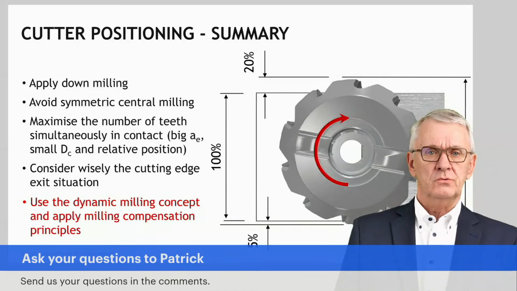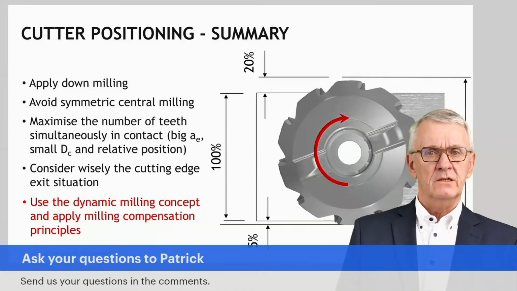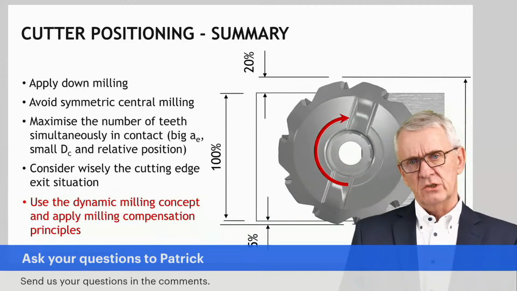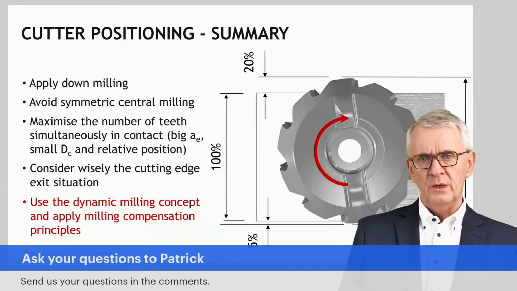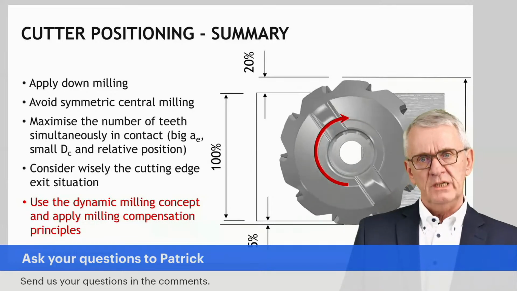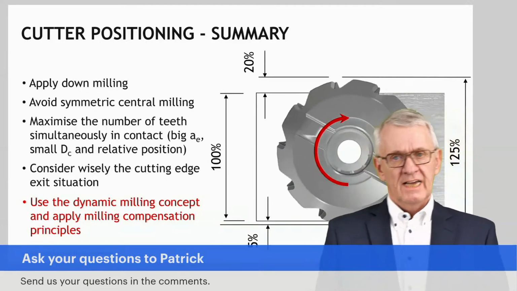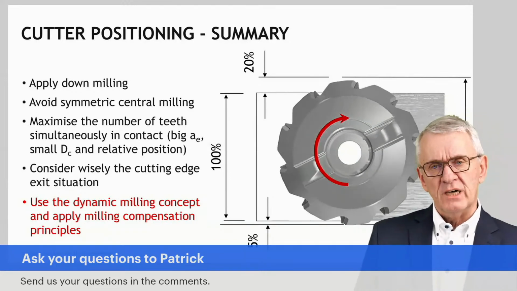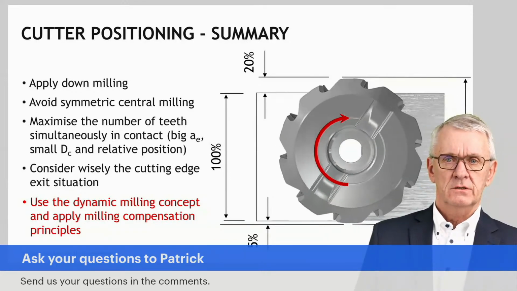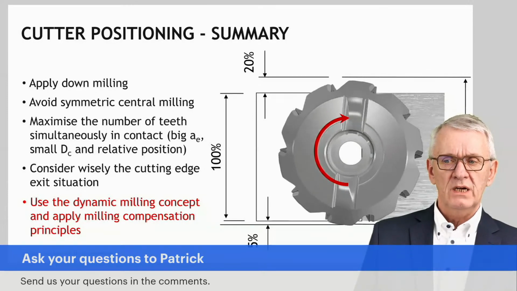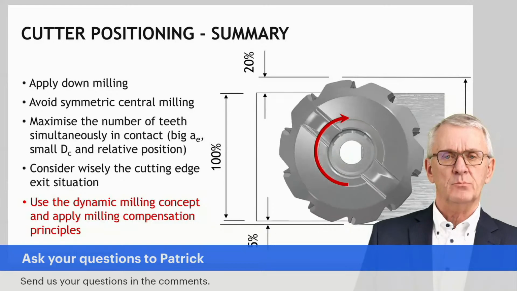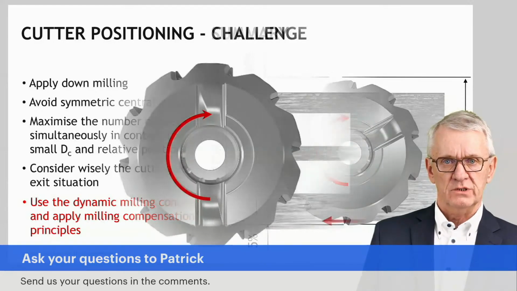But use, where possible, dynamic milling concepts. In other words, if you see one of the cutting data is not in line with what I was hoping for, and one of the cutting data could be the milling cutter positioning also, it's a cutting condition, compensate by changing something else. Using dynamic milling concept thinking is my fifth and perhaps most important statement here.